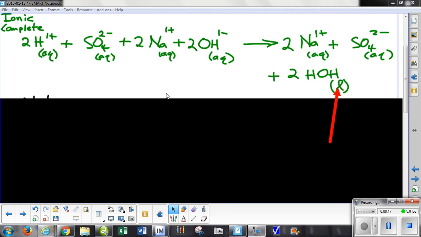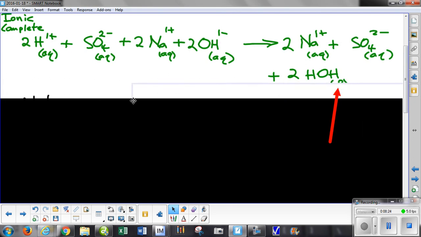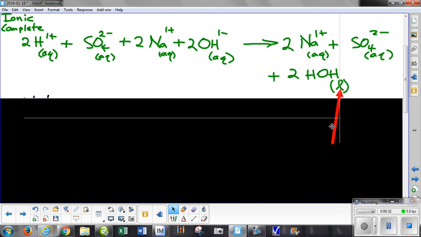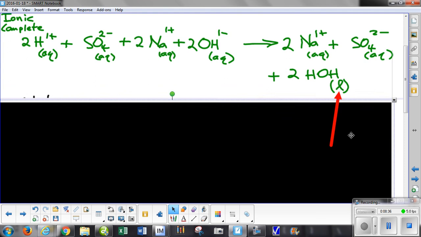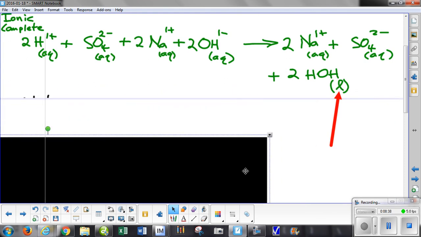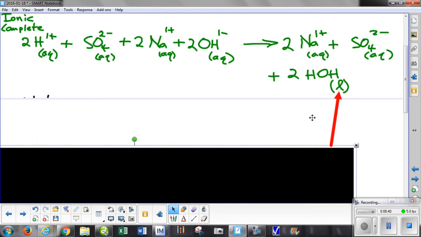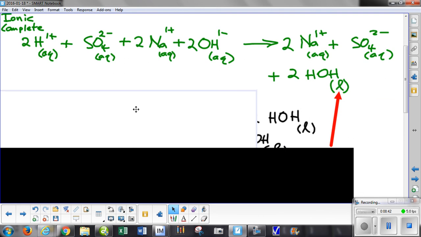Now when we get in to write our net ionic equation, what we need to do is look at this side of the equation where we have either solid, liquid, or gas. In this case, it's a liquid. And because it's solid, liquid, or gas, we are going to be able to put that on the right side of the equation.